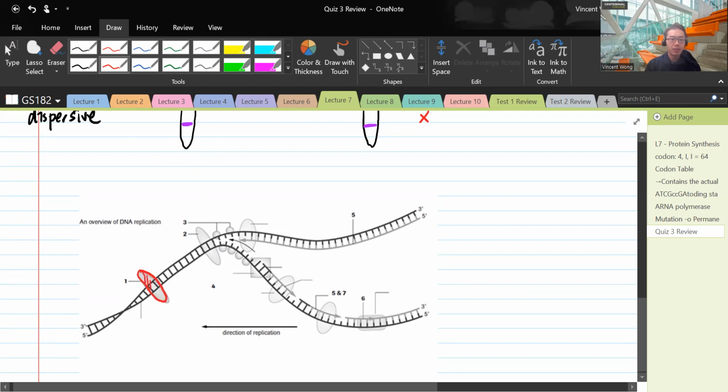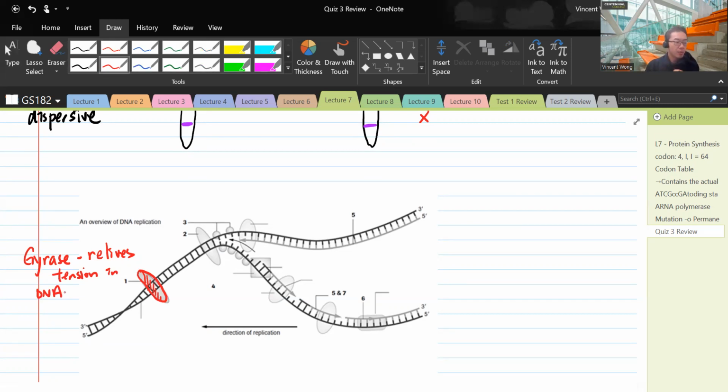Okay, so the function of the gyrase is to relieve tension in DNA as it is being unzipped. And what enzyme would be responsible for unzipping the DNA?